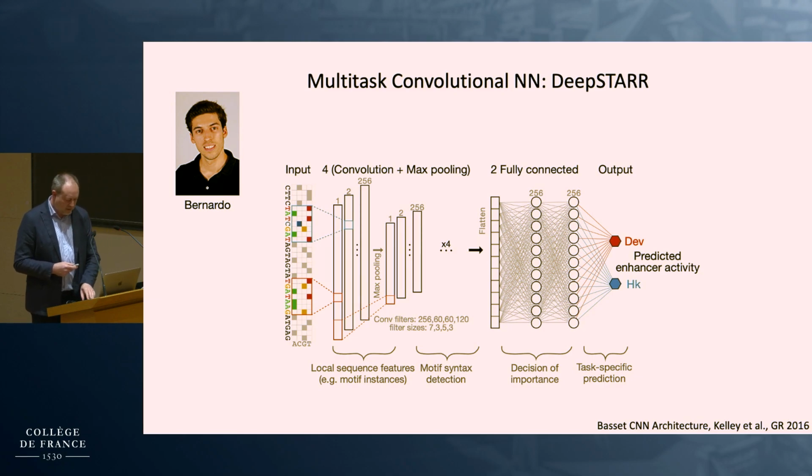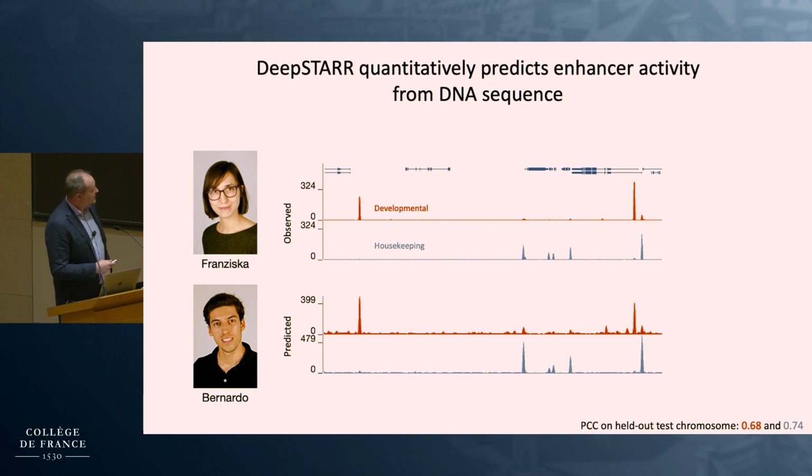Together with Franziska Reiter, another PhD student, who redid STARR-seq for these two transcriptional programs in S2 cells, they could show that this model can predict enhancer activities from the DNA sequence extremely well.